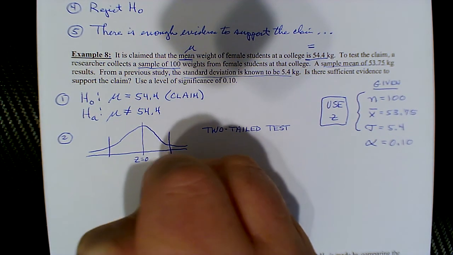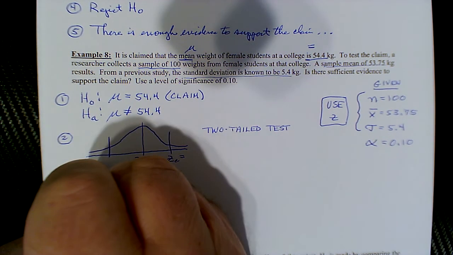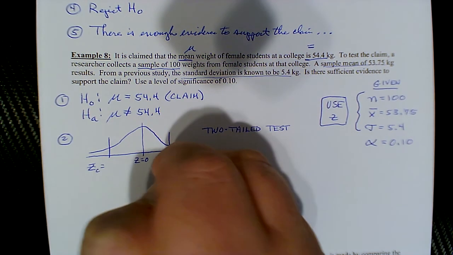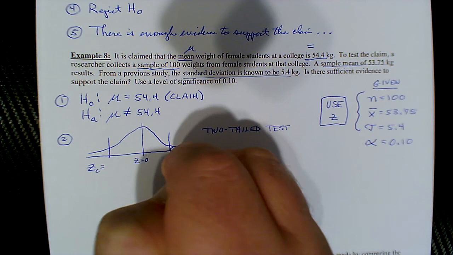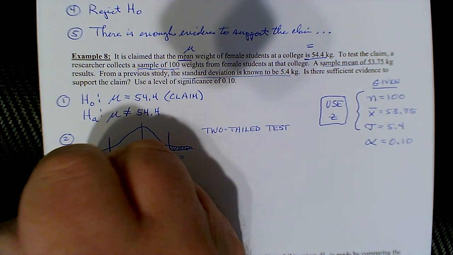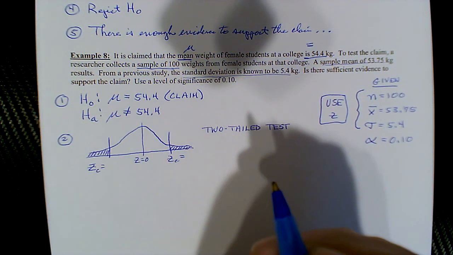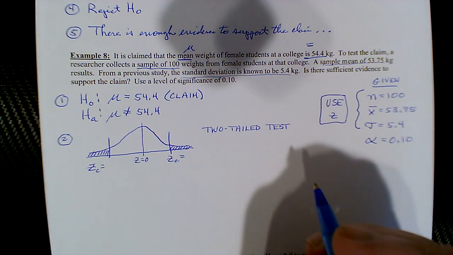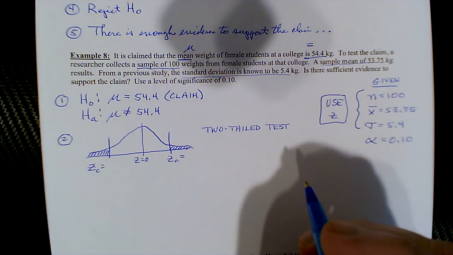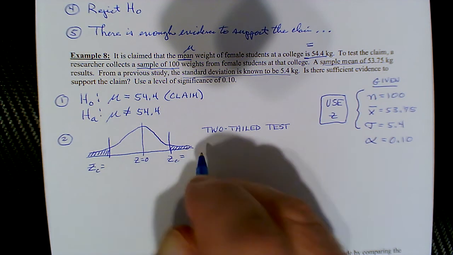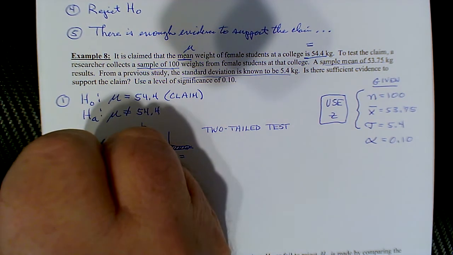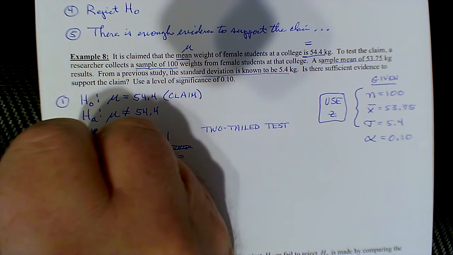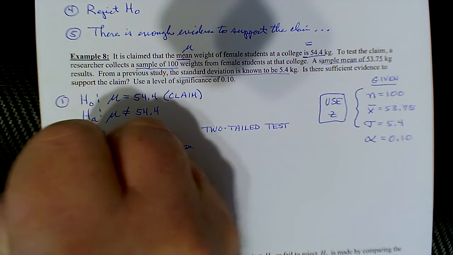And alpha is 0.10, but since it's two-tailed, we can work out the left tail, and the area in that tail is half of that: 0.10 divided by 2, or 0.05. Add a couple zeros. Look at the 0.0500 up in the guts of the table. Remember, this situation sometimes arises.